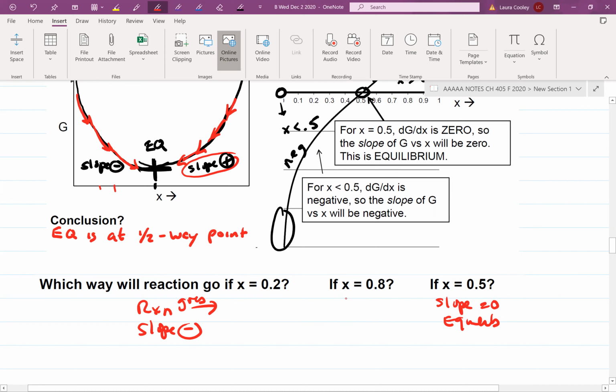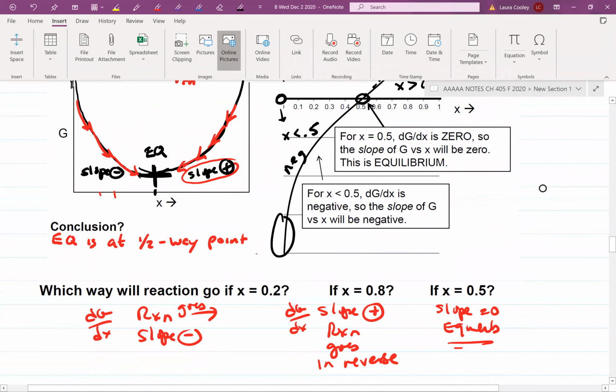At 0.8, the slope is positive. Reactions going in reverse. Okay, so that's what you can get by looking at this graph.